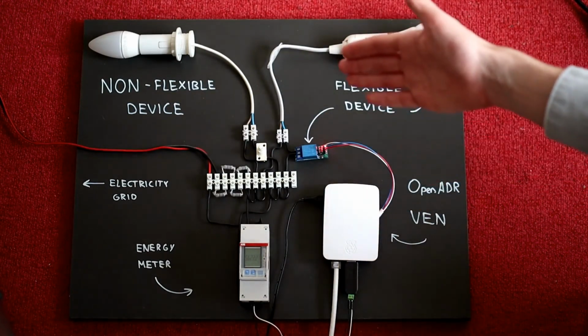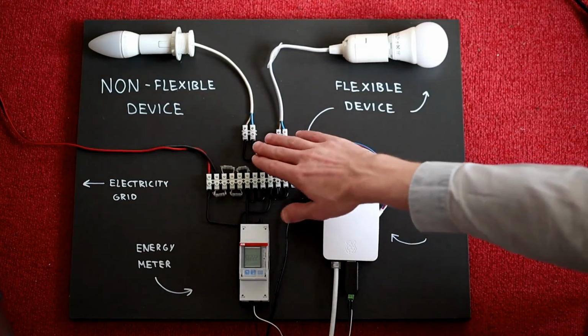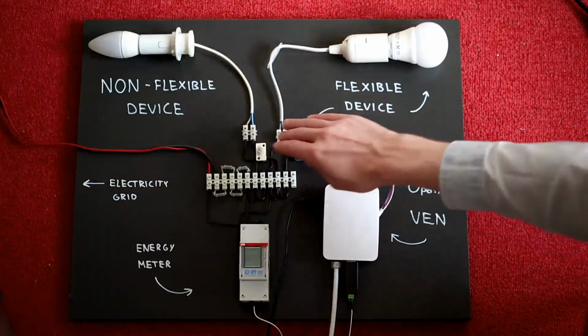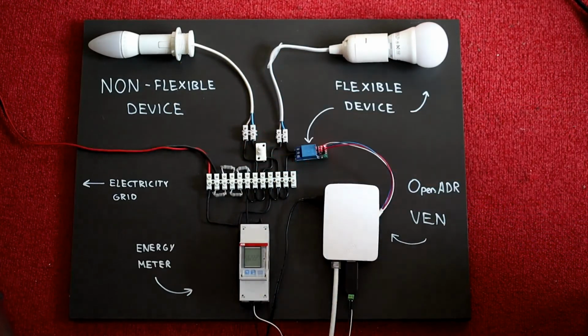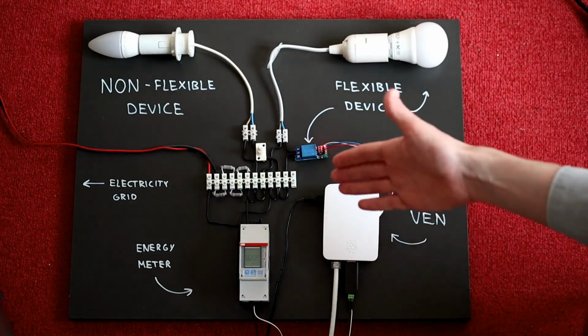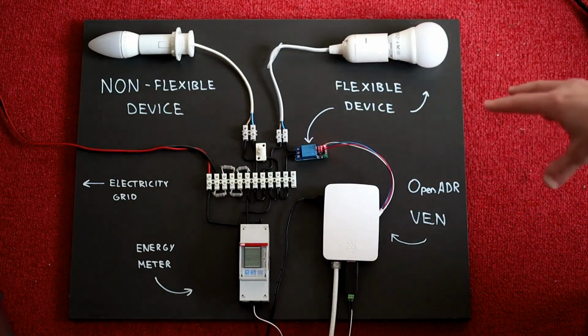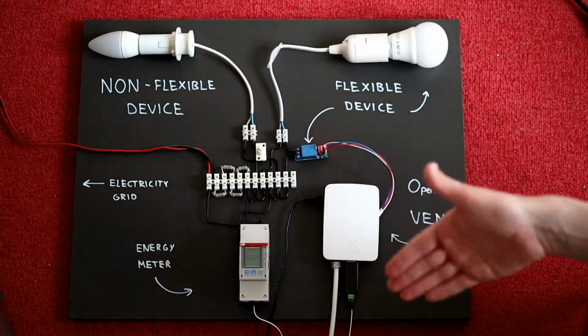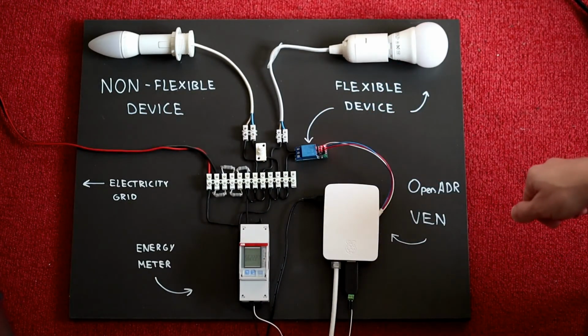We also have a non-flexible device, which is controlled by a manual switch, and everything is powered by the electricity grid. Now, I've designed it in such a way that turning on these devices will lower the voltage on this part of the grid, and that's something that we report to the VTN.